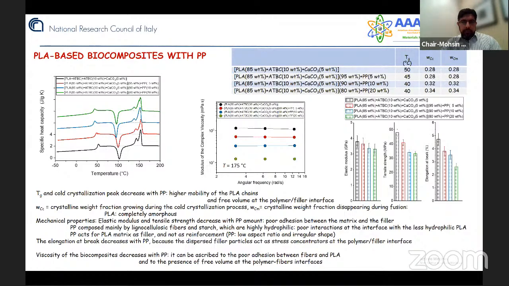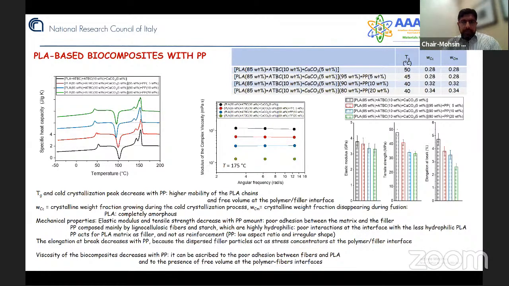As regards the mechanical properties, elastic modulus and tensile strength decrease with the potato pulp amount, which means that there is poor adhesion between the matrix and the filler. So potato pulp acts as filler and not as reinforcement for PLA.